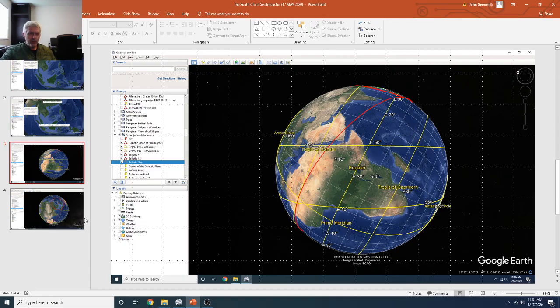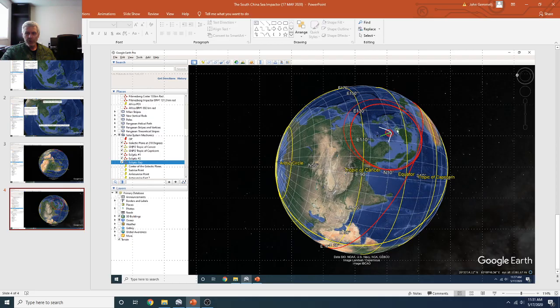Now if we get ourselves on a different viewpoint where we can actually see where it's coming down on the top of the planet, we have the solar system ecliptic right here around the Earth. And there it is. It's right there. So you get kind of an idea just about where it would have been.